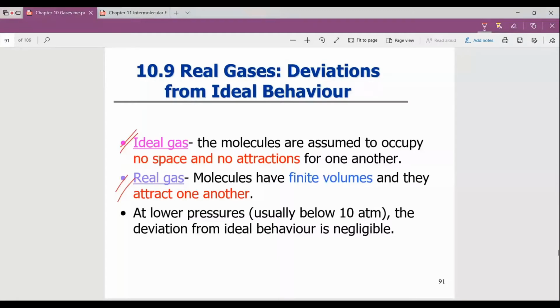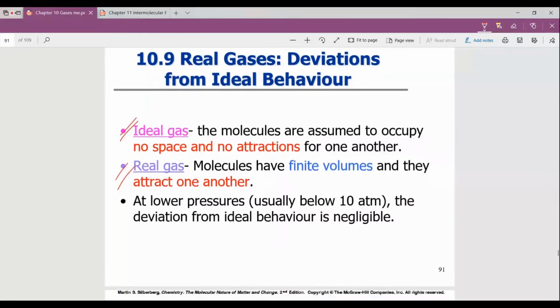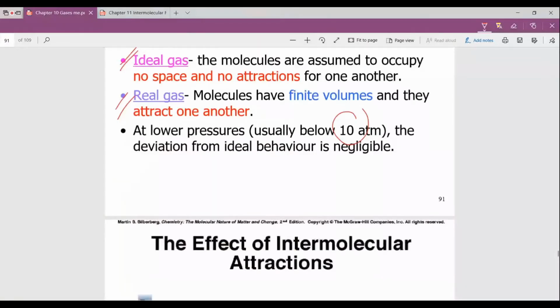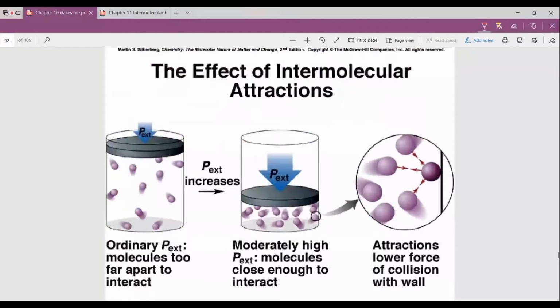So at lower pressure, we assume normally ideal behavior. Normally a gas is ideal at lower pressure, which is below 10 atm. Okay, we see this picture. This is about the real gas and the effect of intermolecular attractions for the real gas.